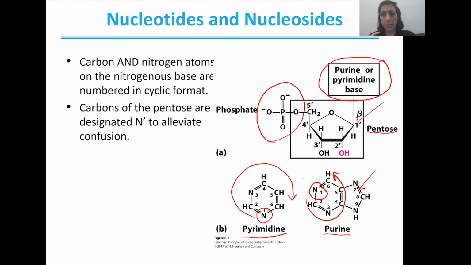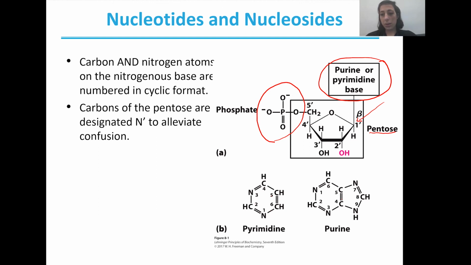Now, the numbering system that we're really going to focus on is not so much this numbering in the nitrogenous bases, but the numbering that we use for the sugar. The sugar portion of a nucleotide is numbered as well, and it's numbered using the same numbering system we saw when talking about carbohydrates, except we're using a prime after the number, and that's only just to distinguish the numbers that are in the nitrogenous base from the numbers that are in our actual sugar.